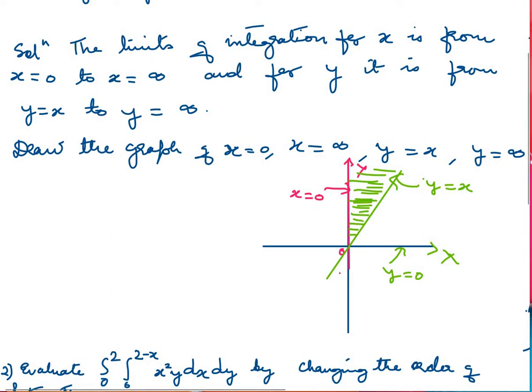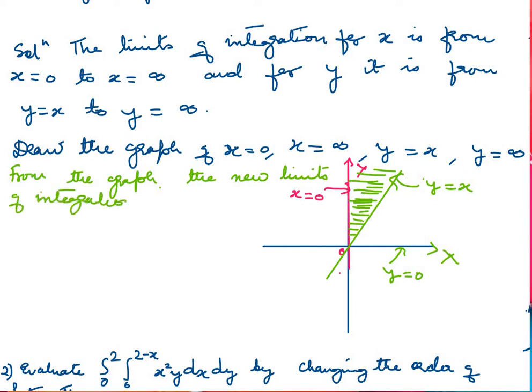So now you can write this and solve it. From the graph, the new limits of integration are, for x, from x is equal to 0 to x is equal to y, because when we find the limits of integration for x, always remember that it should be from left to right.